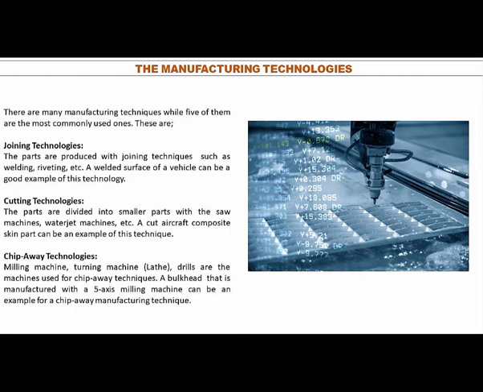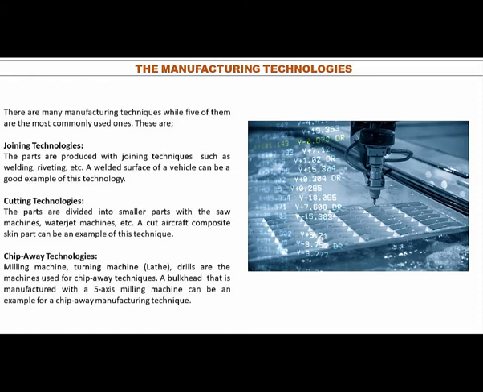These are joining technologies. The parts are produced with joining techniques such as welding, riveting, etc. A welded surface of a vehicle can be a good example of this technology. Cutting technologies.